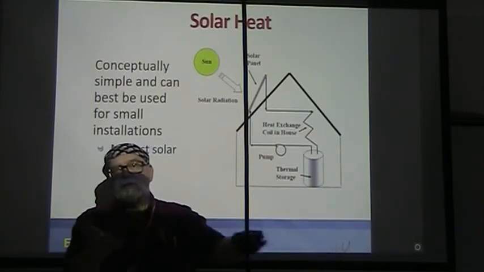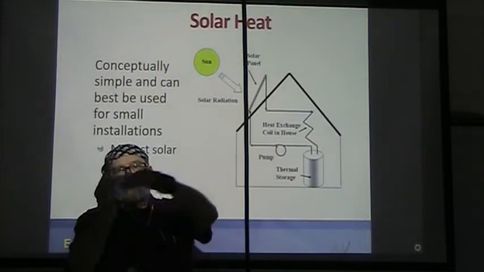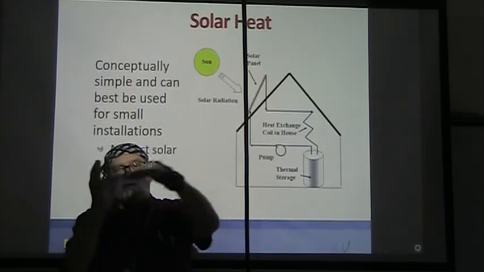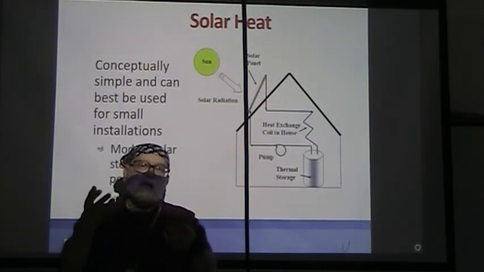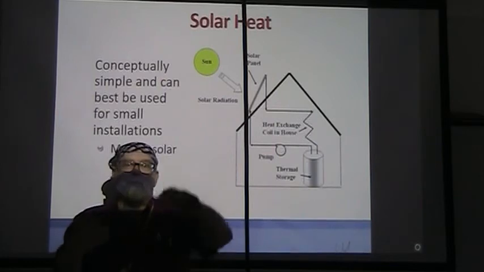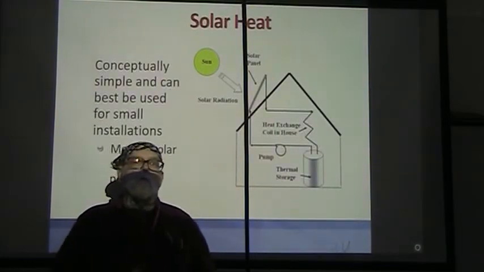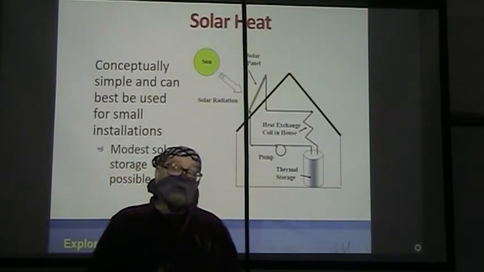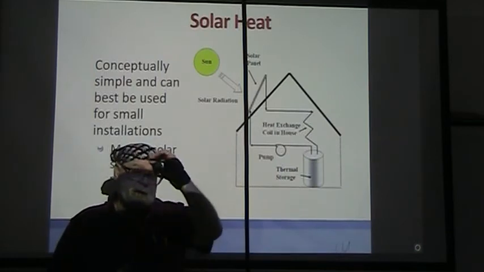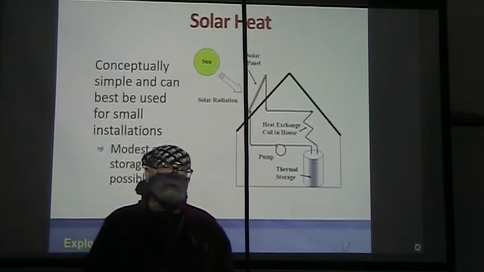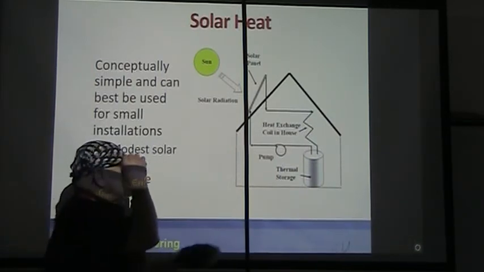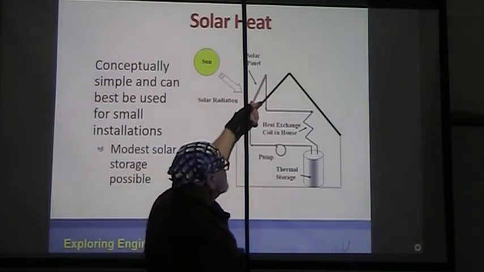It's got glass on the front for the sunlight to go through. Inside is painted black, and it's got a pipe going through it where water is heated up. Or you can do it just with air, but water would be a little more efficient. So that water is heated up.